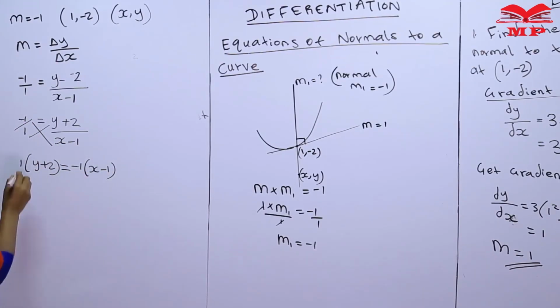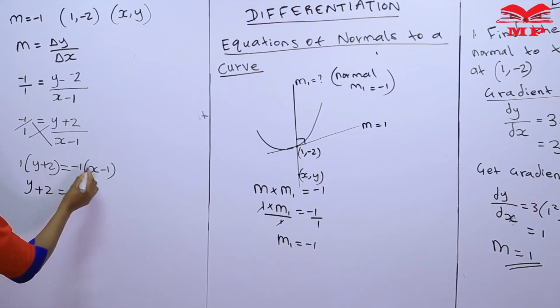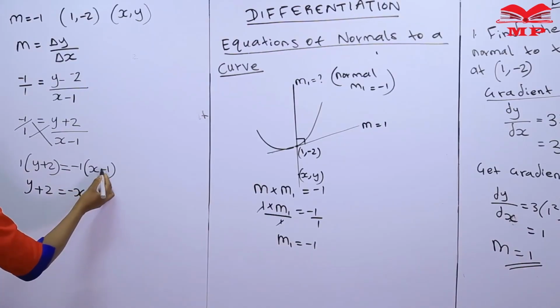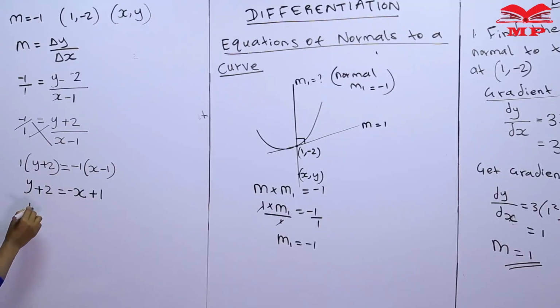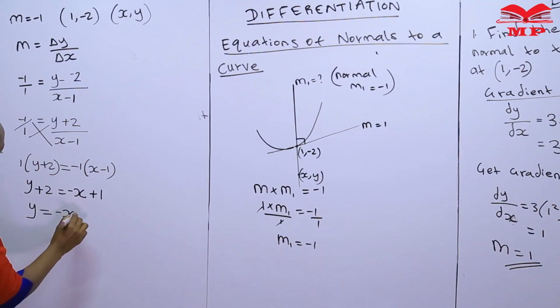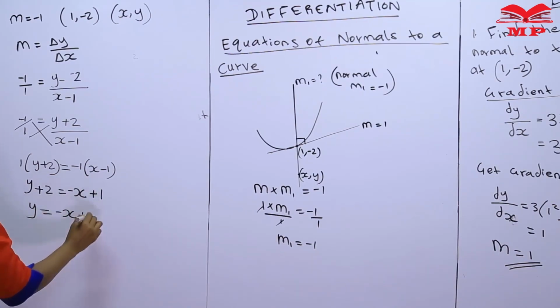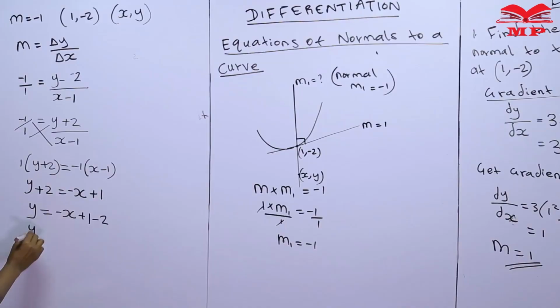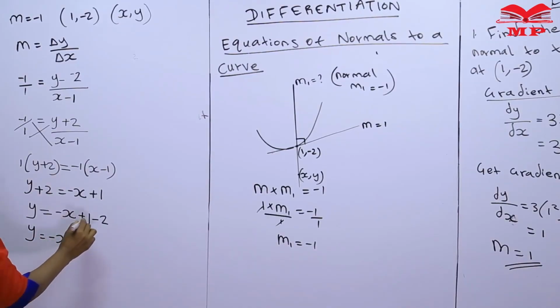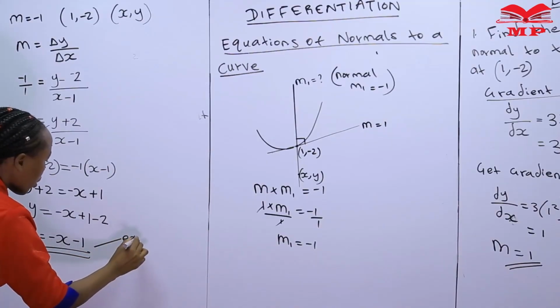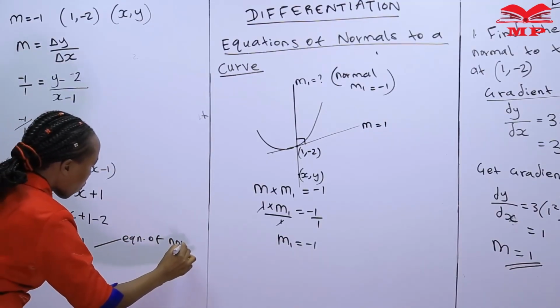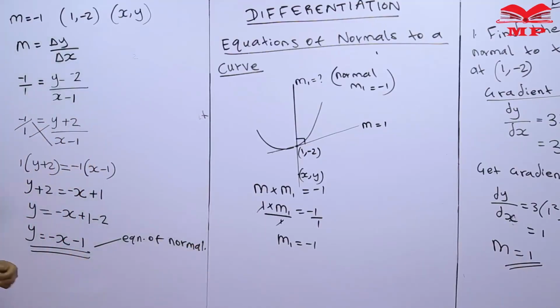Then we open the bracket: y plus 2 is equal to -x, and -1 times -1 gives positive 1. We take 2 to the other side, so y will be -x plus 1 minus 2, which is -1. And this is the equation of the normal.